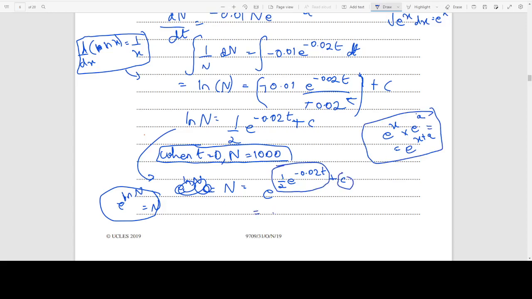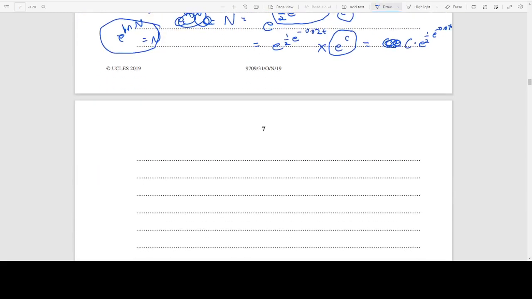So this is actually equal to e raised to 1 half e raised to minus 0.02t multiplied by e raised to c, and since c is a constant, e raised to c is also a constant, so we can just substitute this as c multiplied by e raised to 1 half e raised to minus 0.02 t. So there we have it, n equals c e raised to 1 half e raised to minus 0.02 t.